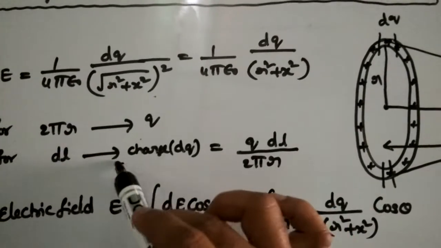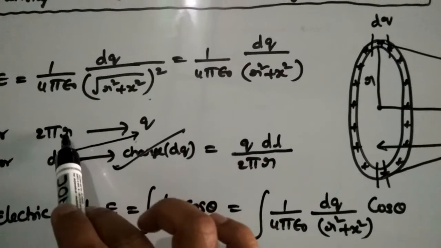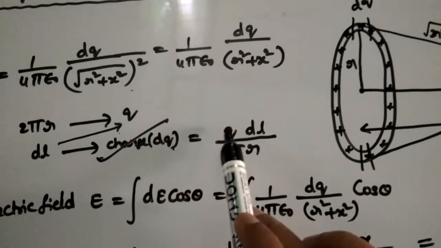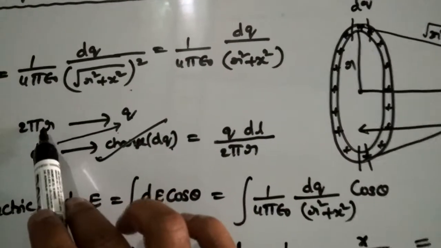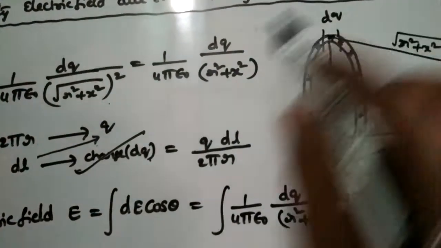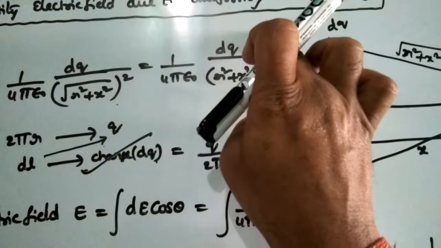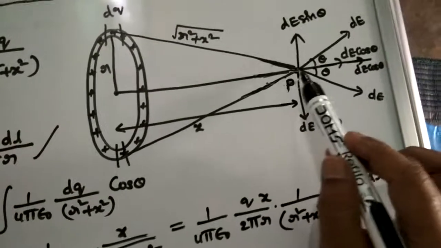You have to understand how I got this. Cross multiplication of these two, divided by this value: the small amount of charge dq is equal to q into dl divided by 2 pi r. So this is the amount of charge dq on this surface. Substitute this dq in this formula. Okay? Now the net electric field is given.